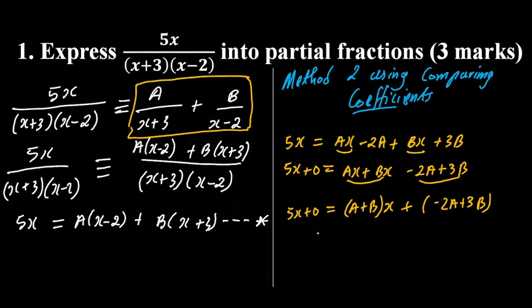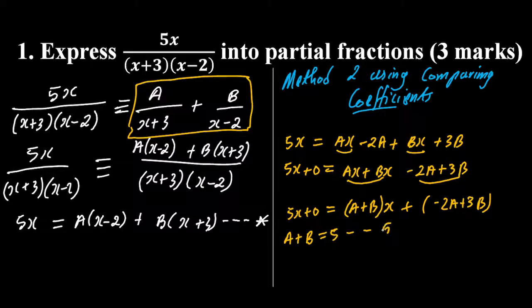Now comparing our coefficients, what are we going to do? We notice that the coefficient of x on the left hand side is 5. Therefore, the coefficient of x on the right hand side should also be 5. It means we are going to have A plus B equal to 5.